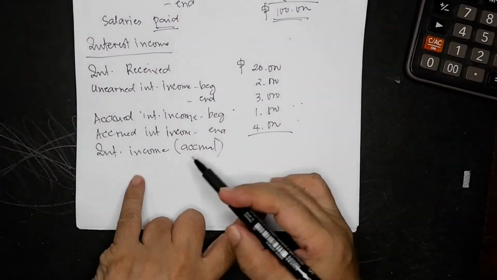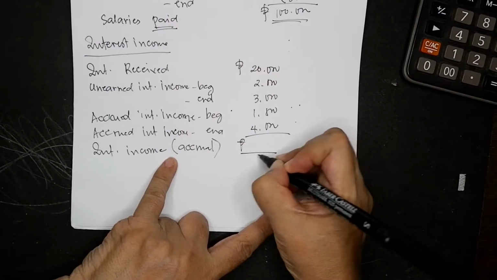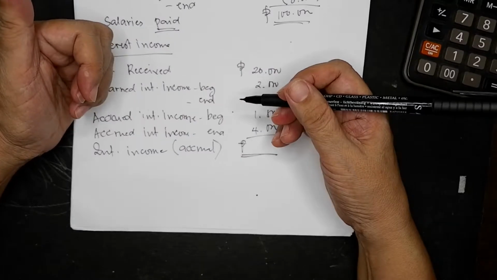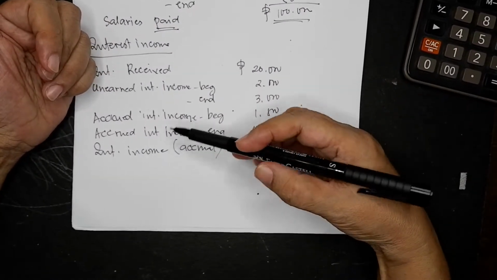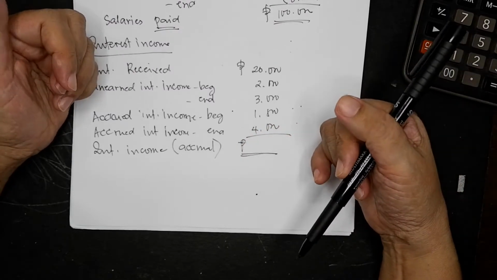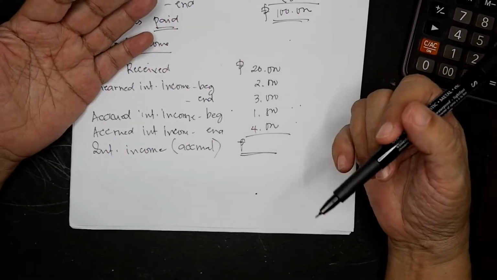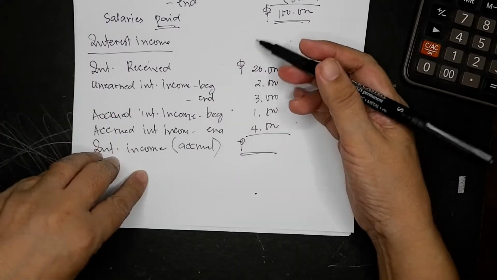So, ang kailangan natin ay interest income, accrual. Kinita na, hindi importante kung tinanggap natin ang bayad o hindi. Again, ang kailangan natin, interest income, accrual. Kinita na natin, ibig sabihin na i-deliver na natin yung services or merchandise. Hindi importante kung tinanggap na ba natin yung bayad.